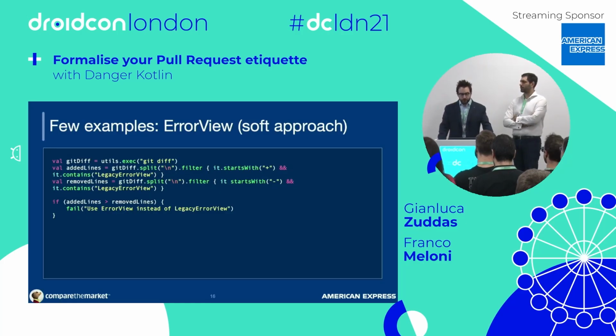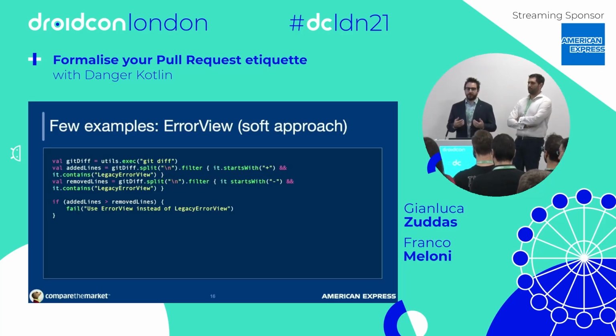We do that by launching a Git diff and looking in the diff to see if the number of times we added legacy error view is more than the times we removed it. In that case, Danger will fail the build and request to migrate to the error view.